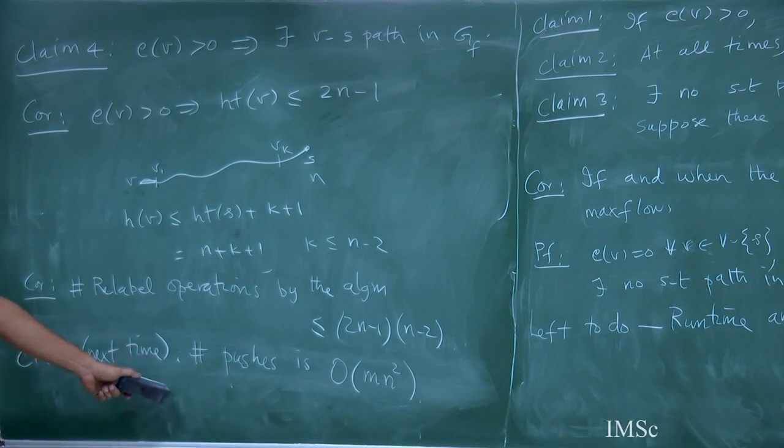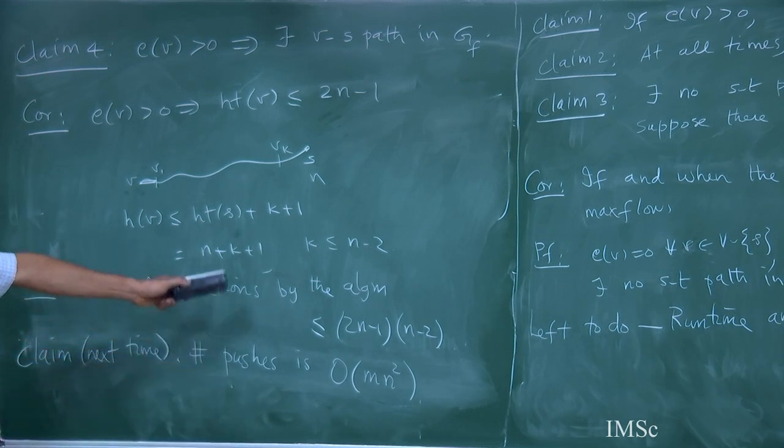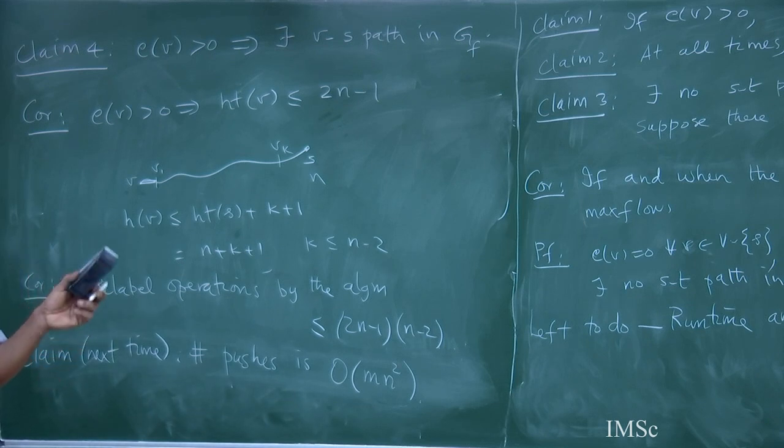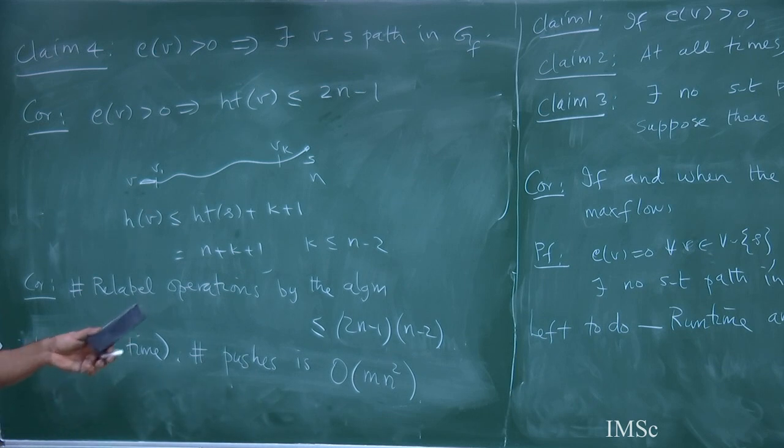Now recall, what was the running time of the Edmonds-Karp algorithm? m squared n, right? Because we just said that every edge is critical some order n times. So the number of augmentations is m times n, and the time for each augmentation is m, so it's m squared n.